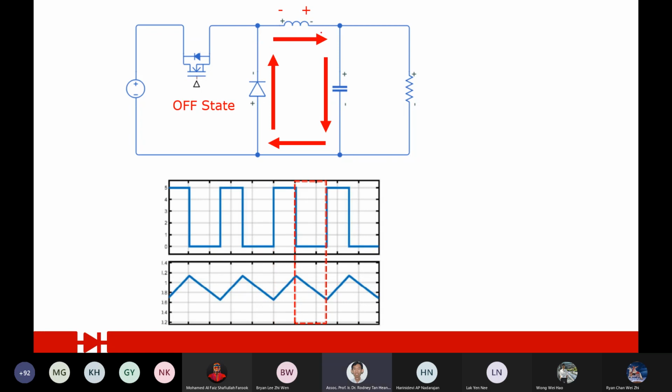So it starts to discharge. So you can see the energy now discharges, and the process repeats again in the next cycle. So that will give you a continuous current that is supplied to the load.